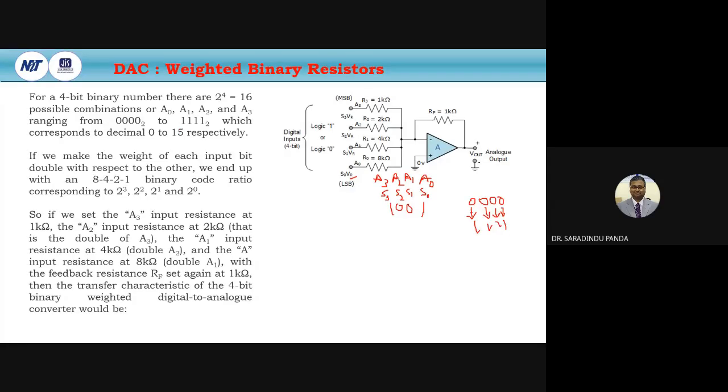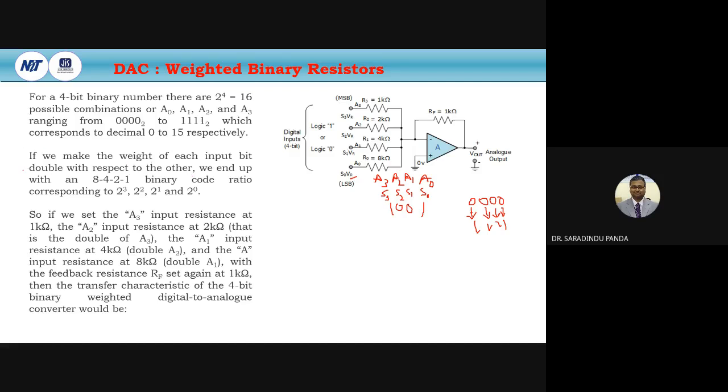So for this reason, A0, A1, A2, A3 should be ranging from 0, 0, 0, 0 to 1, 1, 1, 1, which corresponds to the decimal values 0 to 15 respectively at the output of this weighted binary DAC.